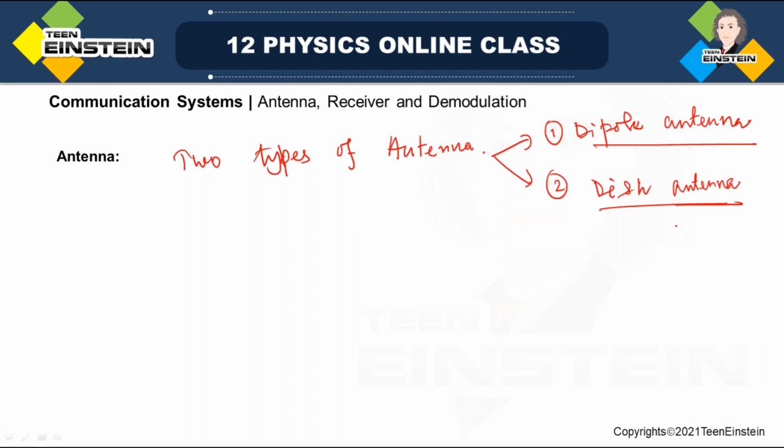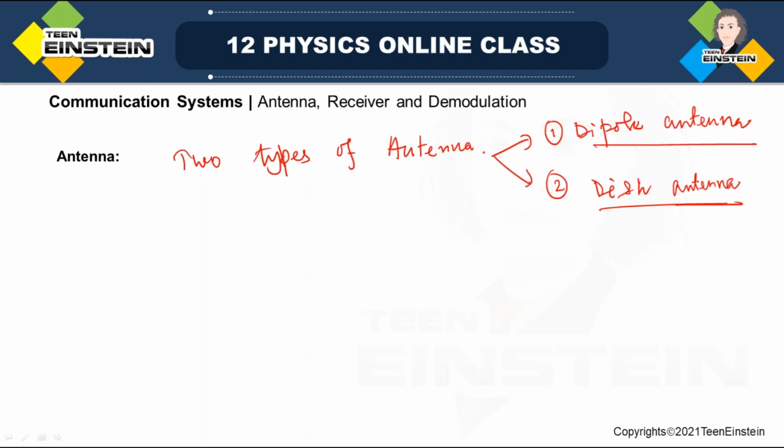Similarly here, we use this antenna but we don't know how it works. Today we'll know at least something about it, and if you go for telecommunication and those branches, you will know in great detail about these things.